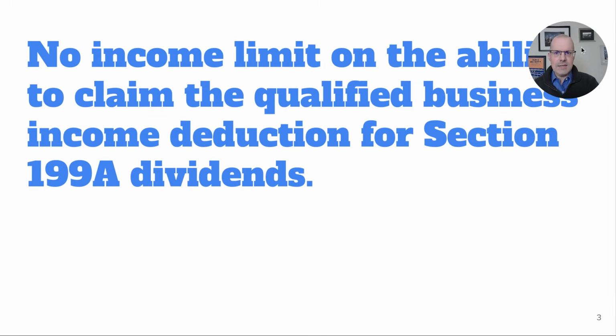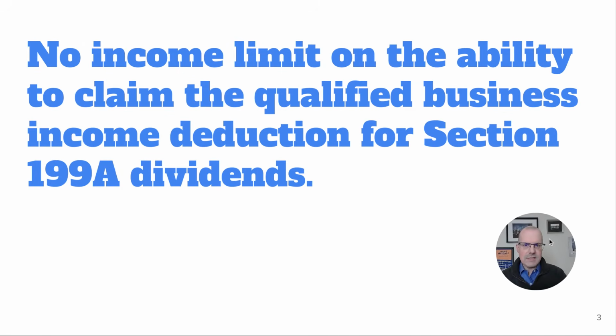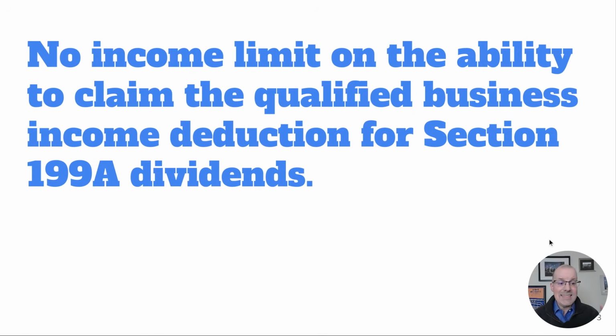There's no income limit on the ability to claim the qualified business income deduction for Section 199A dividends. This is an important point, and it's sort of 2 points. One is, for the Section 199A dividends themselves, you don't have to worry about your income, right? You can make $1 billion and you can get this 20% deduction for the 199A dividends. Well, wait a minute, I heard the qualified business income deduction is income limited.